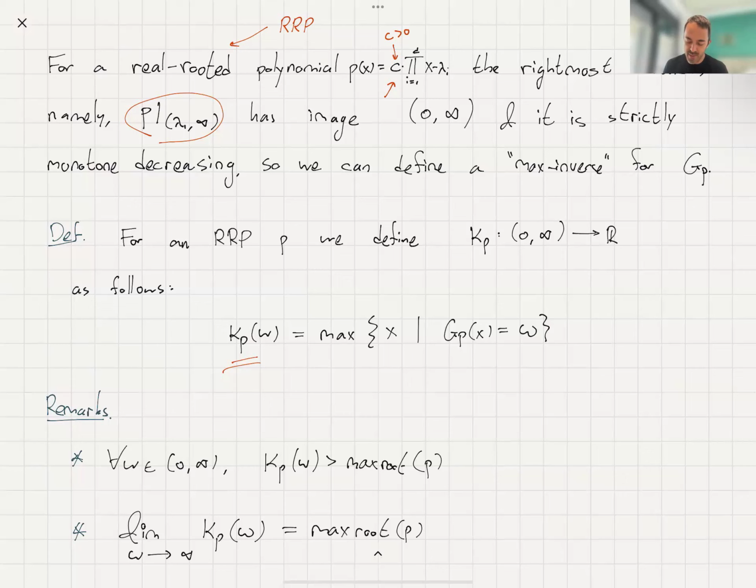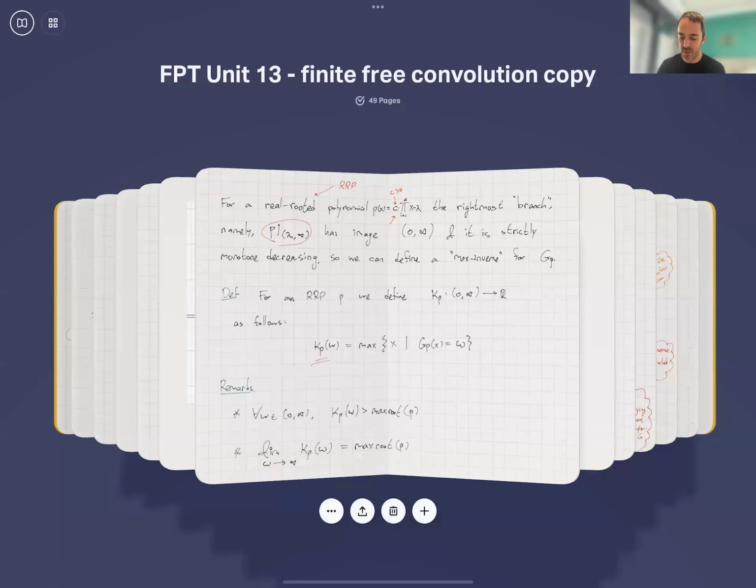But two remarks that we will need: we are going to use the K transform in a different way than we used it in free probability. We are going to use the fact that it always bounds the max root of P. For any W you take, it's always a bound. You can see it here.